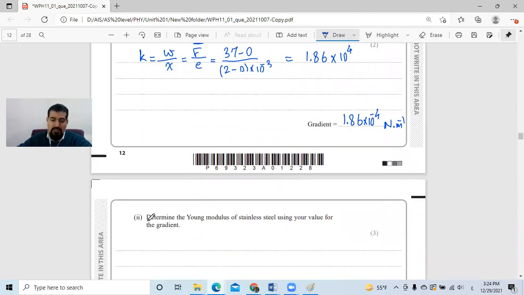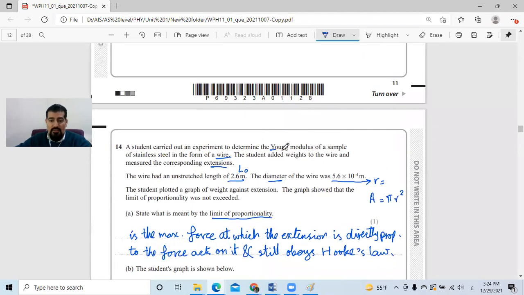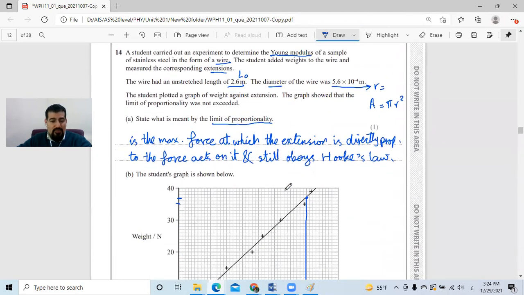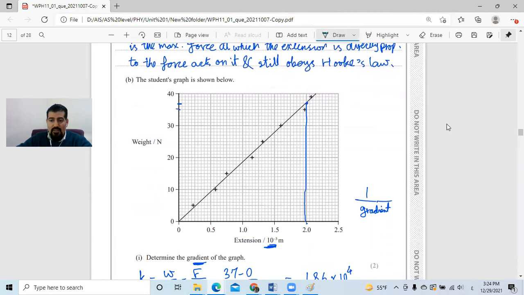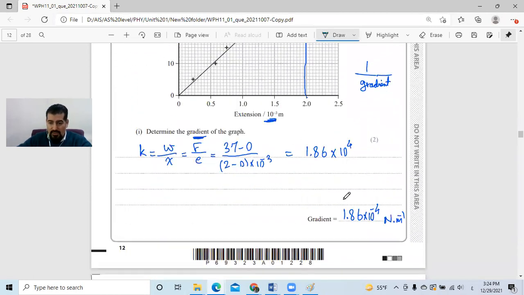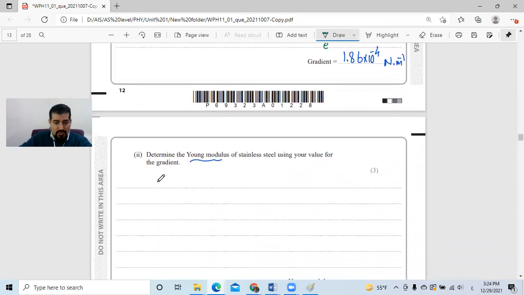Look what they ask. Determine the Young modulus. Because the question in the beginning asks about the Young modulus, and we have to know about Young modulus here. Now this value that we just found is force over extension. Don't forget that. And Young modulus, as we know, equals stress over strain.